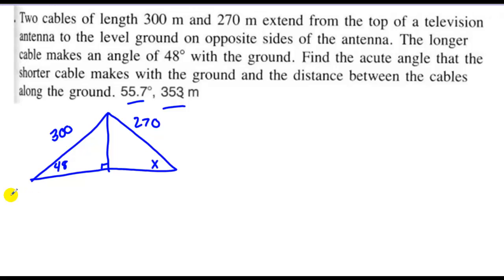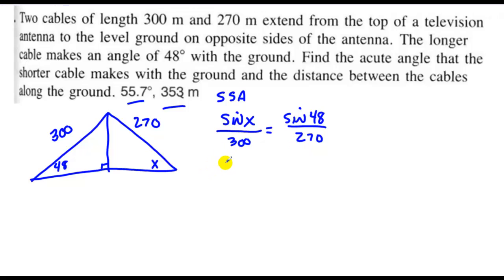So I can find X pretty easily, since this is a side followed by a side followed by an angle, two sides and an angle. I can use my law of sines and say, well, if I want to find X, I take the sine of X over 300 is equal to the sine of 48 over 270. So I have the sine of X equals 300 sine 48 over 270.